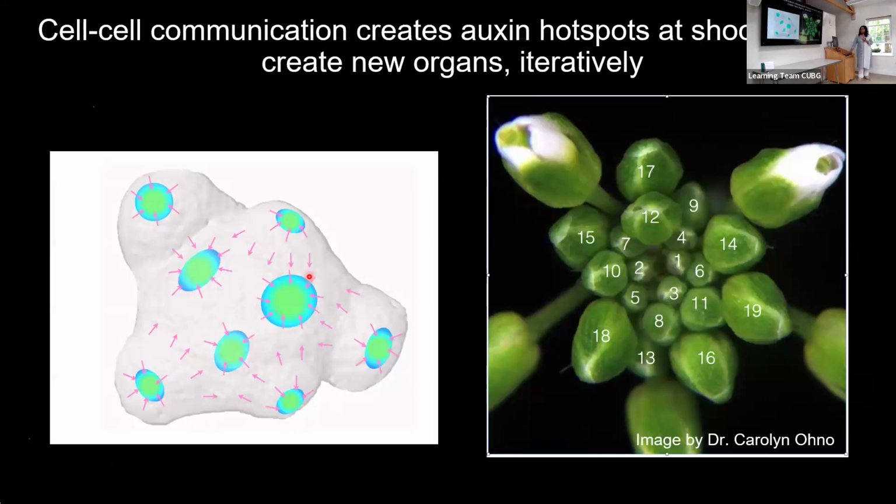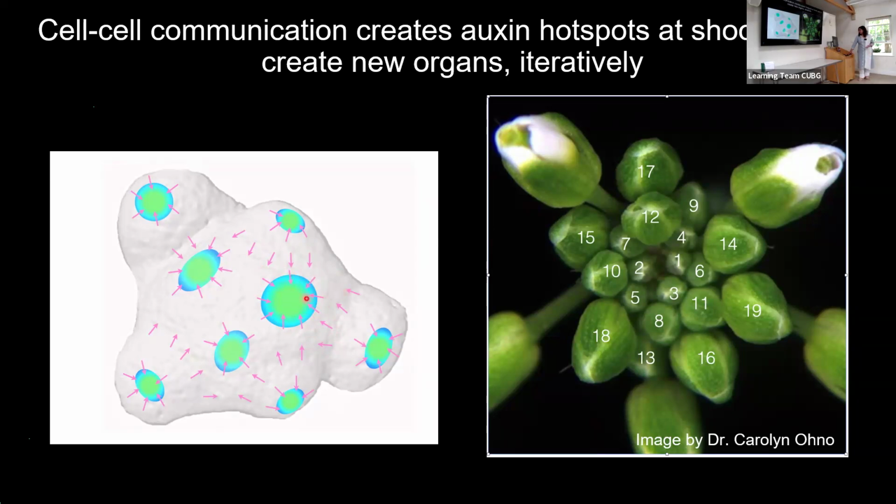And so this is a very simplified version of everything that I showed: auxin, shown here in the form of these green dots, is accumulated at certain sites, which is guided by the transport routes of this hormone.